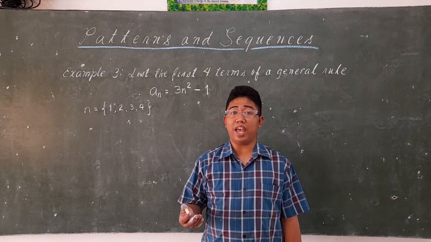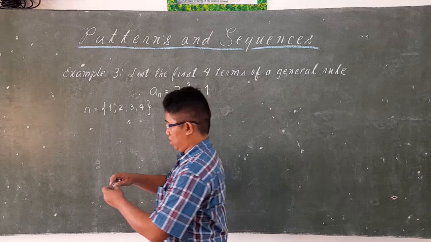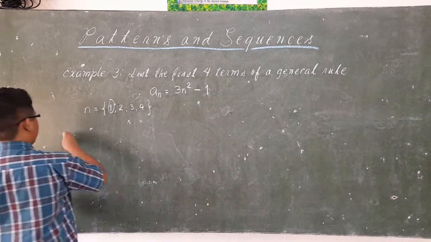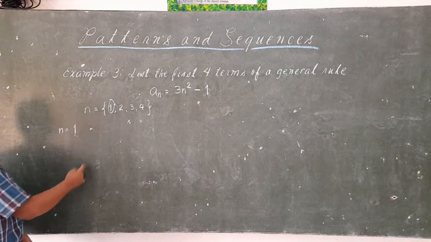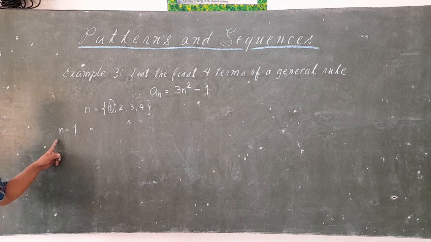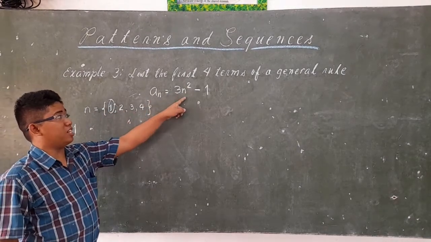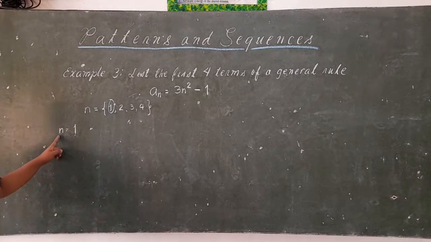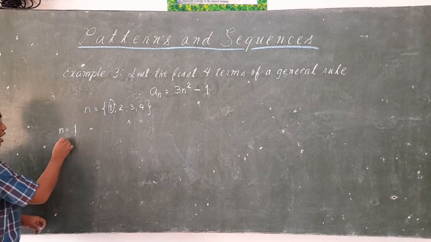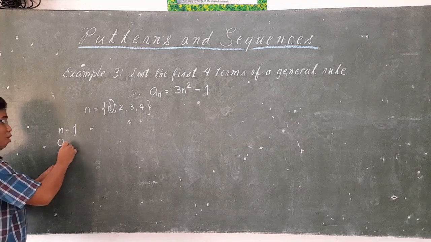So let us start with n is equal to 1. If n is equal to 1, we are going to use the general equation, a sub n is equal to 3n squared minus 1. Substituting the value of n, a sub n becomes a sub 1.